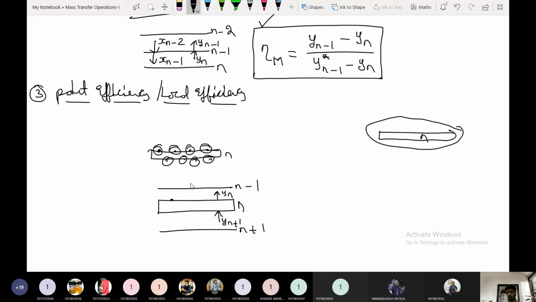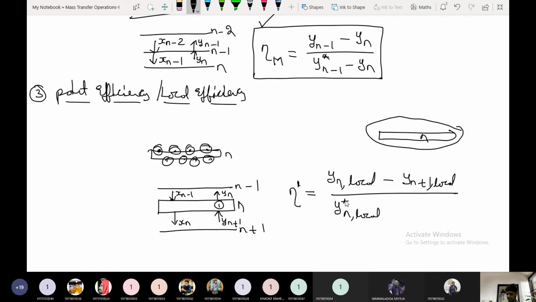From top to bottom the liquids come in with x n minus 1, and the liquid goes out of this plate with xn. The local efficiency is defined with the notation eta prime. Eta prime is equal to yn local at that particular point, say point 1, minus yn plus 1 local, divided by yn local star minus yn plus 1 local.